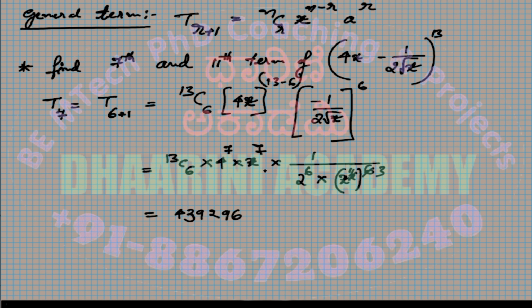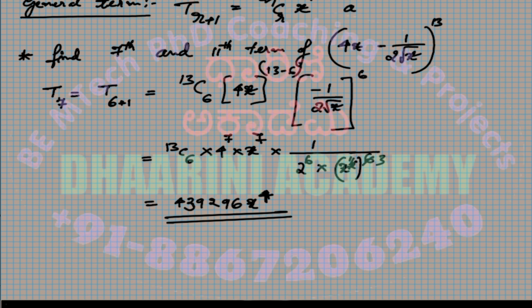Next, x to the power 7 in the numerator, x cube in the denominator, so 7 minus 3 is equal to 4. The simplification gives you x to the power 4. So that is the seventh term of this expansion.